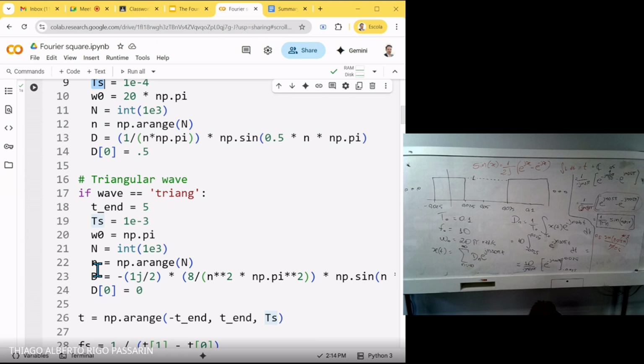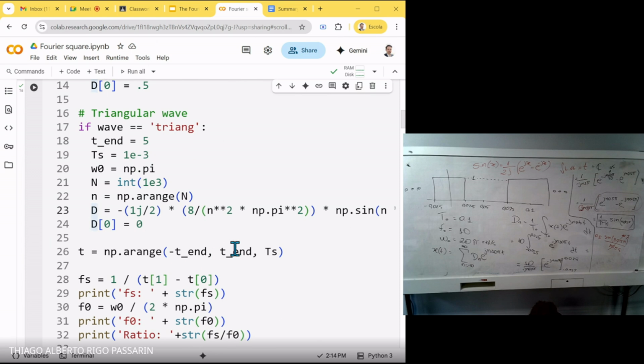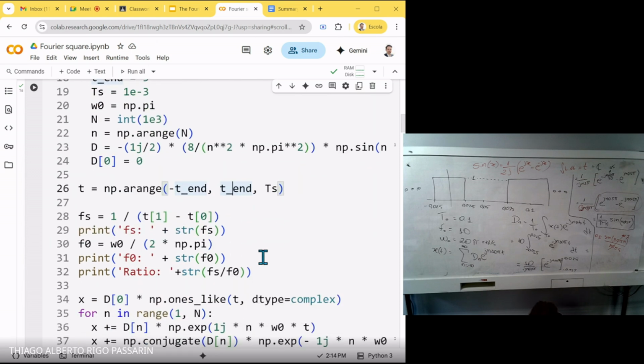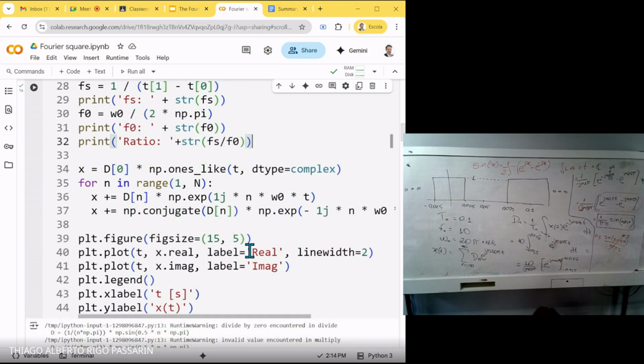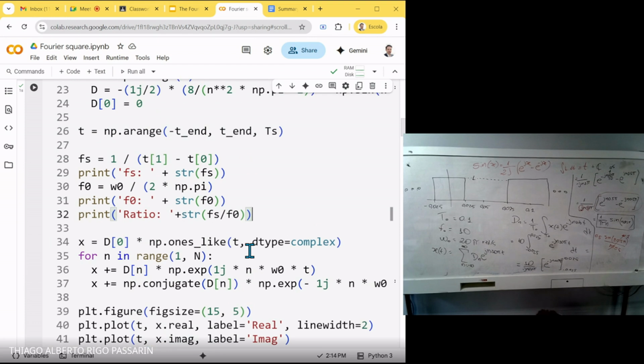The signal is coded here, and there's no sampling involved. So I create my time vector. This is just some experimentation I was doing. I can explain this when we study aliasing.